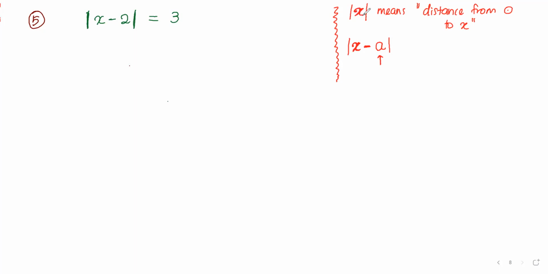If I give you x minus 2 or x minus 5, that means this is a fixed number. What does this mean? Can you remember?